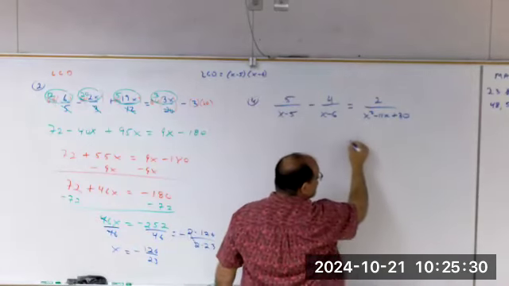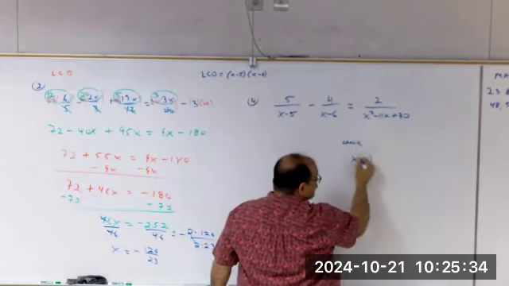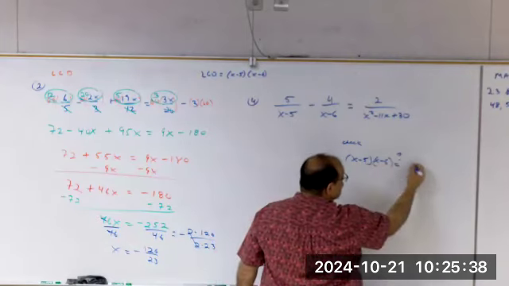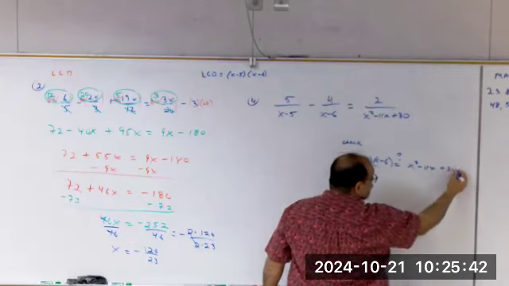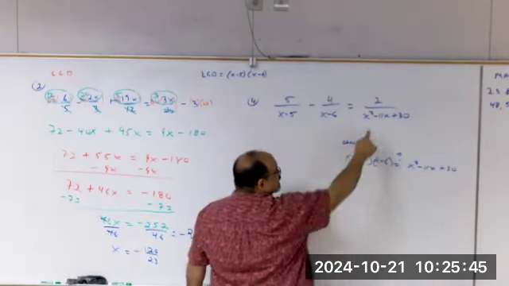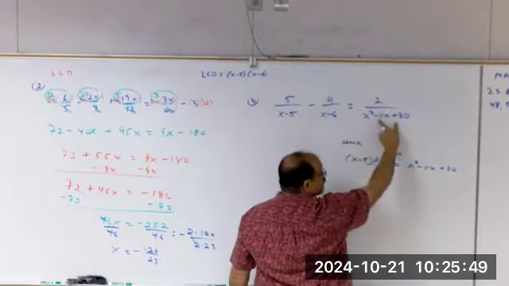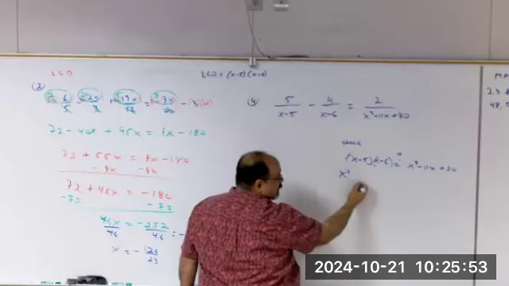So I'm just going to check. Does x minus 5 times x minus 6 equal, question mark, x squared minus 11x plus 30? Because if it does, then that multiplied together will undo that denominator as well. So x times x is x squared.